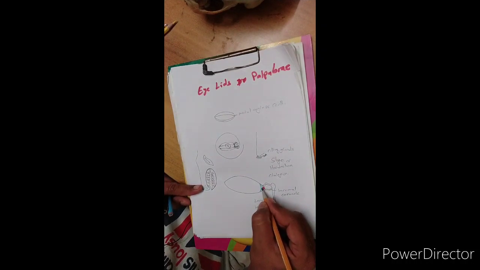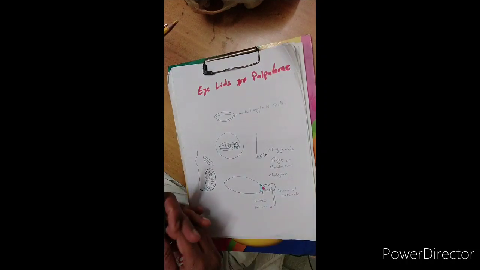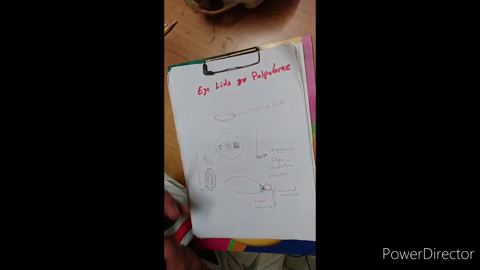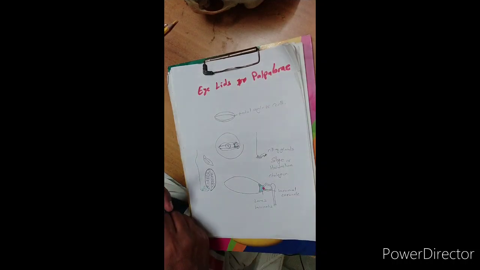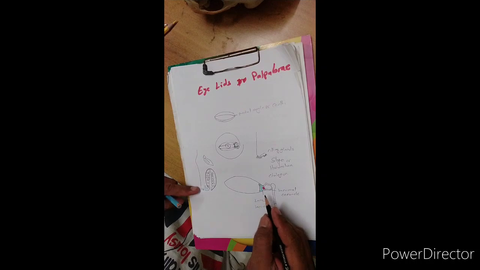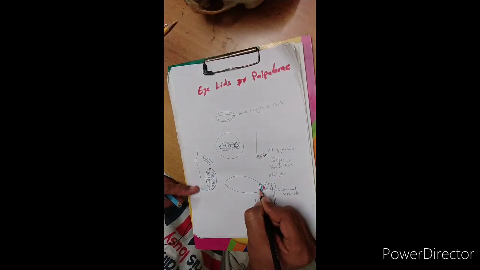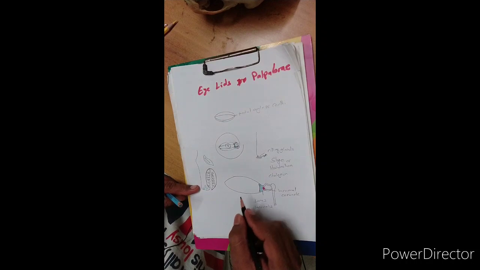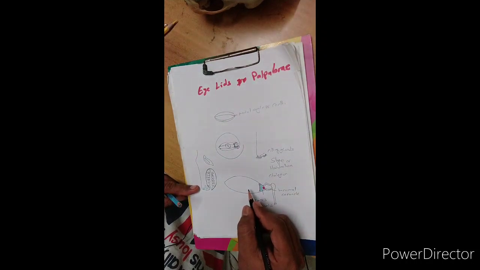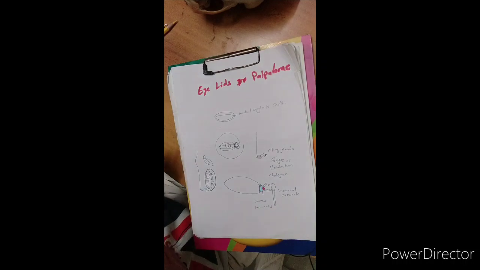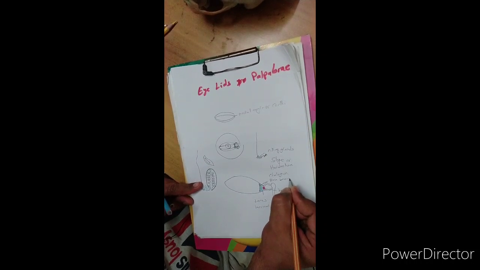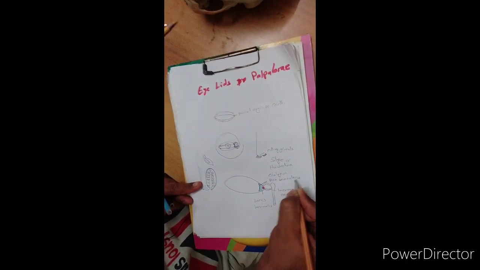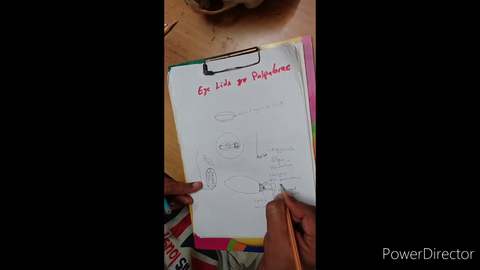Then lateral to this caruncle there is a small fold of mucous membrane, a semilunar fold, we can say a conjunctival fold. This conjunctival fold is known as the nictitating membrane, or the plica semilunaris, which acts as a nictitating membrane.